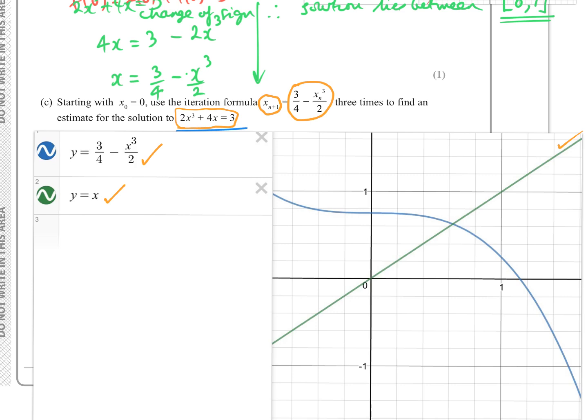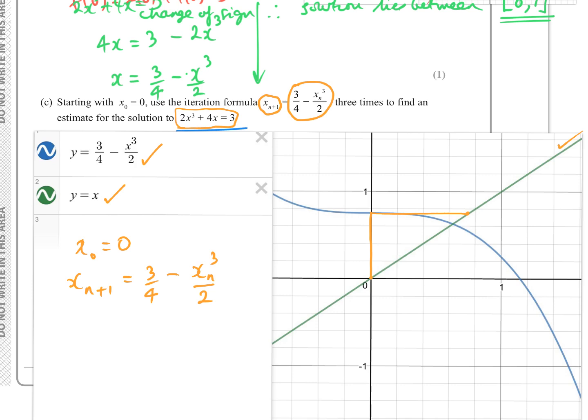So the idea with starting with x0 is 0 is to say, right, okay, my first value of x is 0, so this reads up to the graph and then along to another value of x that we then try. So if I put x equals 0 into this iterative form, let's see what we'd get. And our graph should tell us the truth on this so we can see.